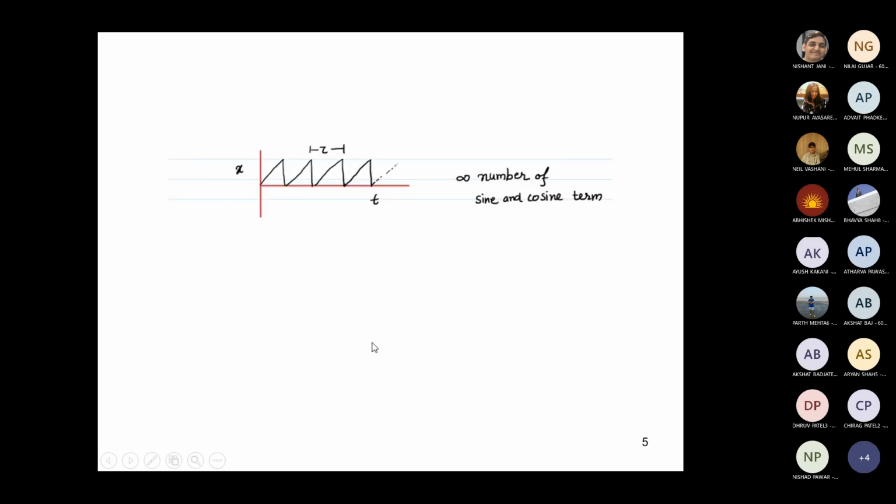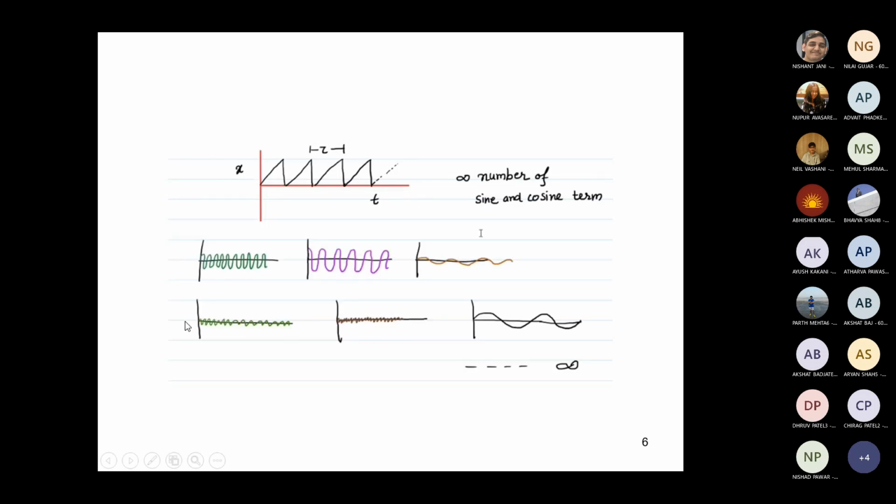This principle is not necessarily applicable only to a sinusoidal form of signal. It can be applied to any form of periodic signal. For example, this is a sawtooth. Now I can express this sawtooth as a sum of an infinite number of sine and cosine waves like this.